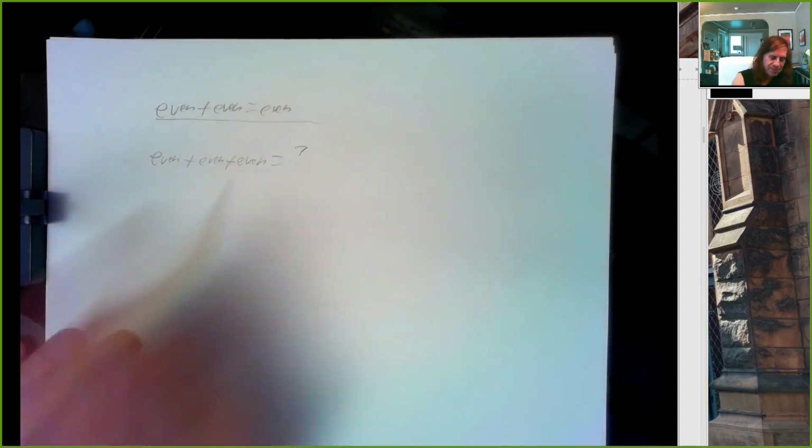What can we say about adding three evens? Even plus even plus even equals even. Can we prove that by using this?